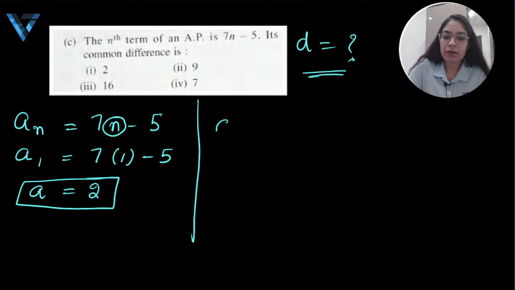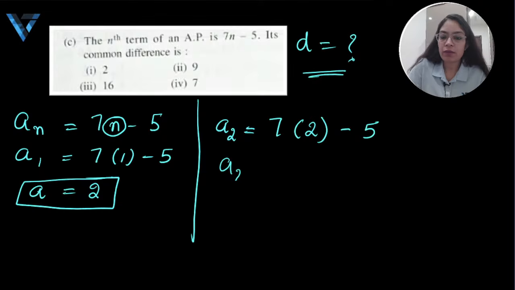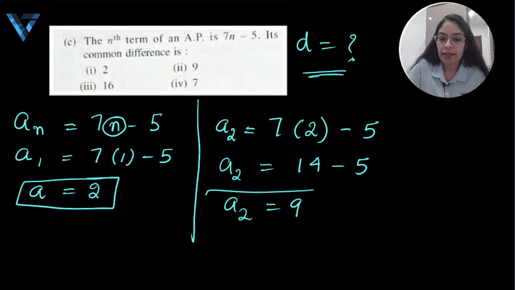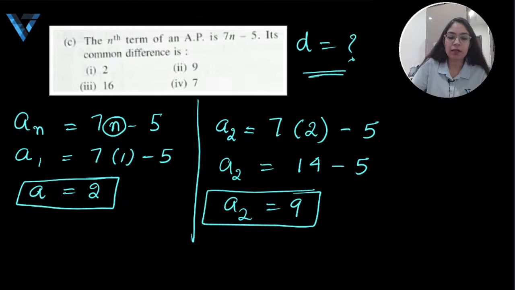Now the second term we can find, A2. So n's value 2 we can substitute here, in place of n we write 2. So 7 into 2 minus 5. So A2 is equals to 14 minus 5, which is 9. So the second term is 9 and the first term is 2.